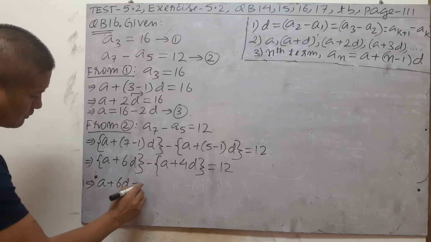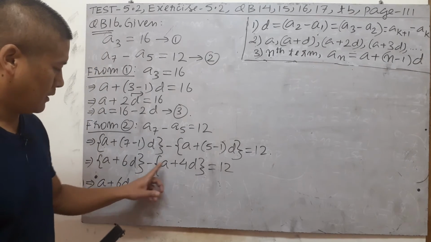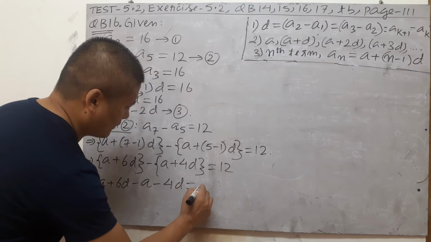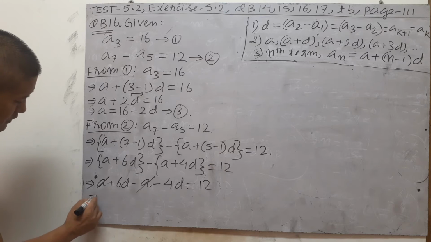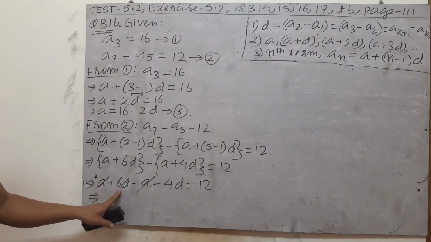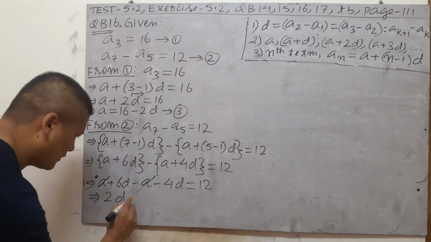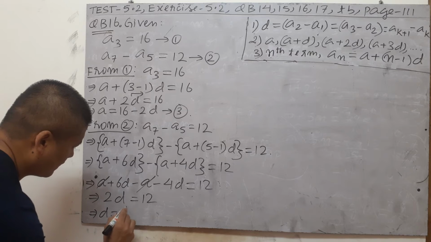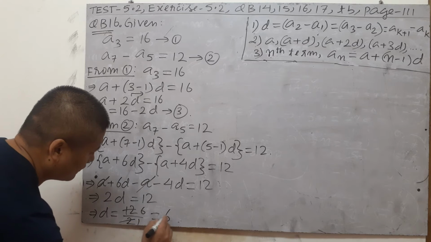Here we have to be careful: minus into plus A is minus A, minus into plus 4D is minus 4D, equal to 12. So minus A and plus A become 0, and plus 6D minus 4D is 2D, equal to 12. So D will be equal to 12 divided by 2. 2 sixes are 12, so D value is 6.